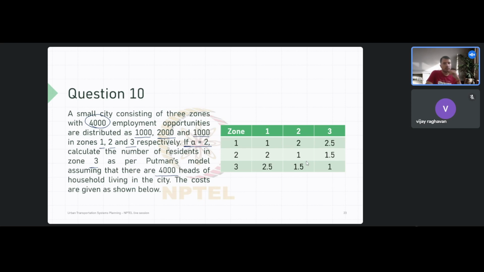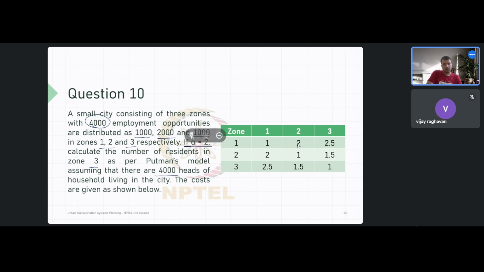Any response for question 10? Okay, you can check the answer once.